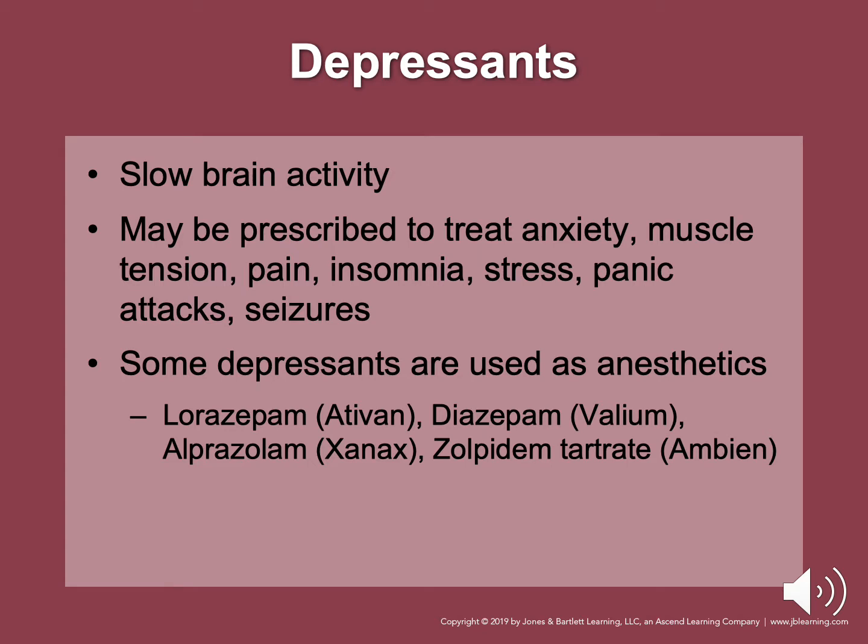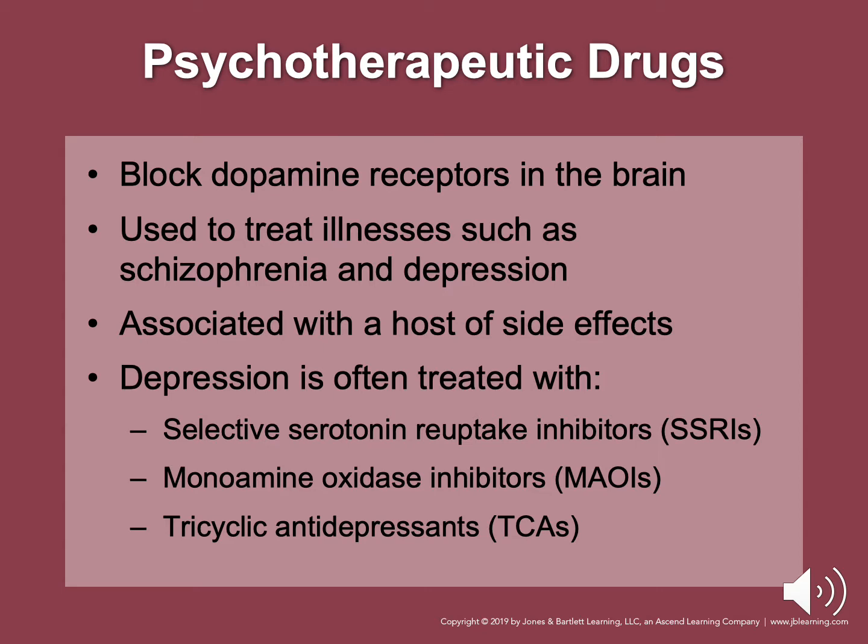Some side effects: involuntary movement, tremors, rigidity, muscle contractions, restlessness, changes in breathing and heart rate, orthostatic hypotension, sedation, sexual dysfunction. Depression is often treated with selective serotonin reuptake inhibitors, MAOIs, and TCAs, tricyclic antidepressants.